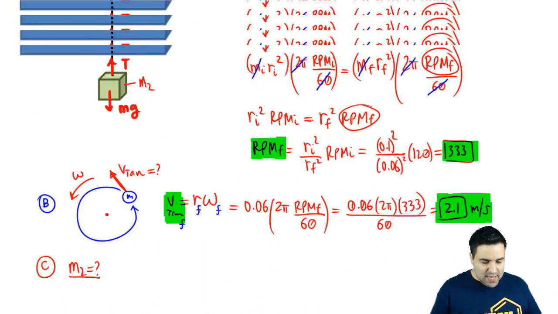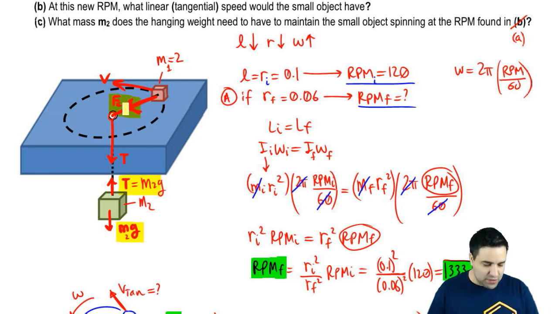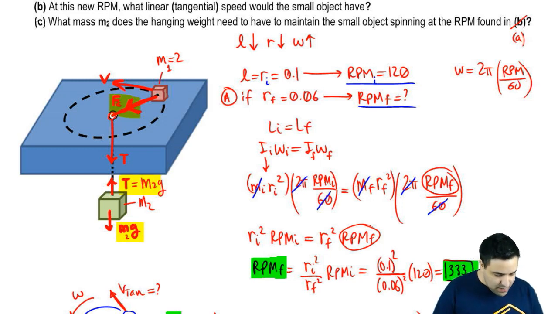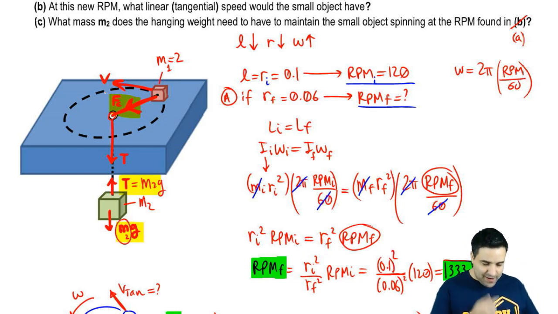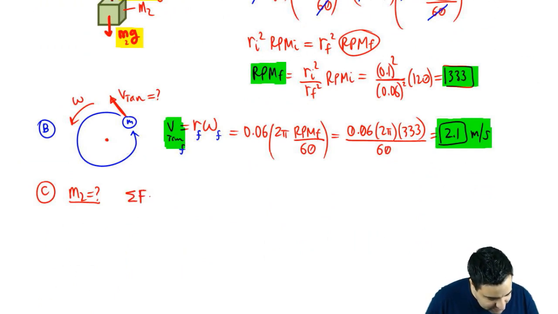And the idea here is that this mass, M2, this is M2g, matters because it is at equilibrium. So this tension here equals M2g, and this tension here is the centripetal force that keeps this spinning. So if you change this, you change the amount of centripetal force. Okay? So this is really a centripetal force problem. So now I'm going to write that the sum of all forces centripetal equals m a centripetal, and then I can rewrite this.